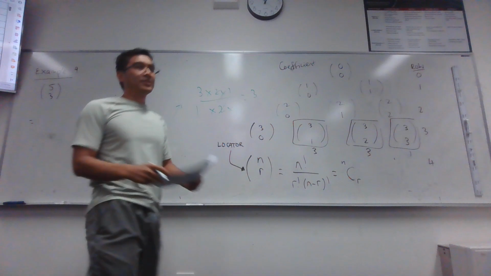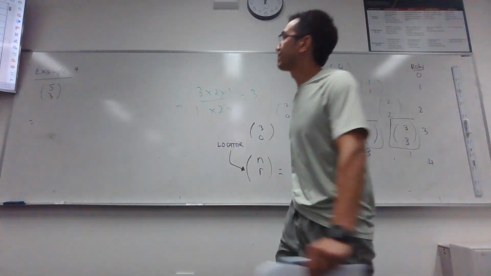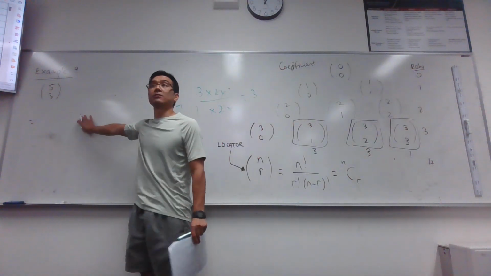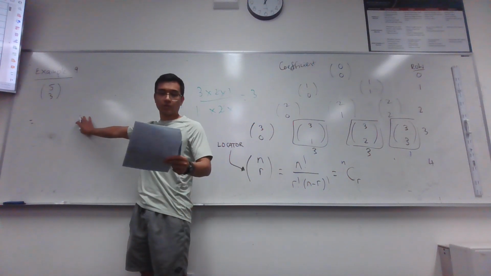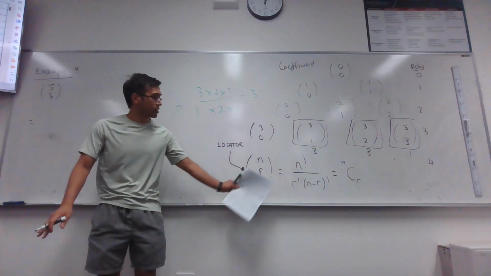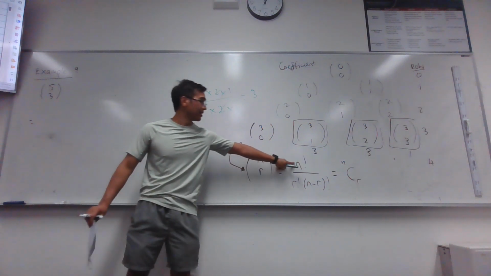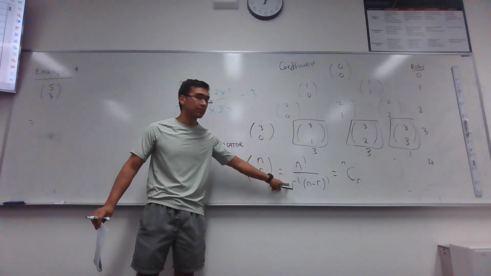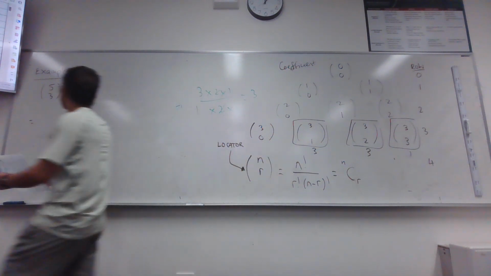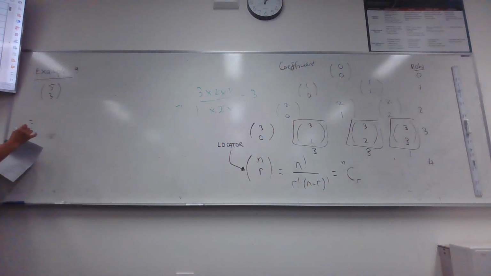All right, let's use the equation here. I have 5, 3. If I use this equation here, whatever n is, n in here. Whatever r is, r in here. Okay, so Charlie's going to work through it with me.